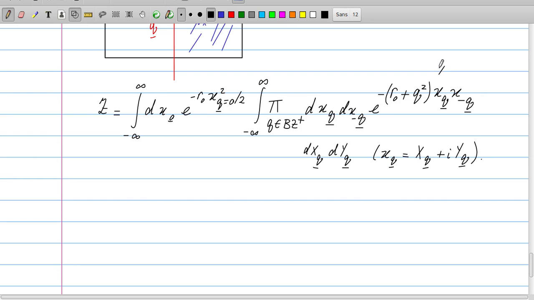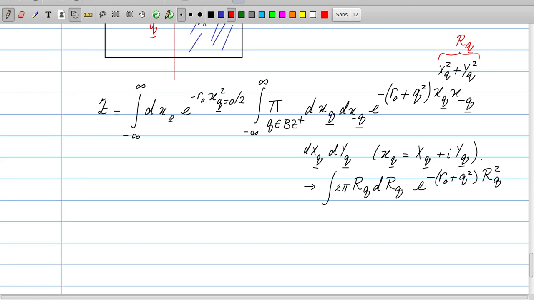This integrand will give me an Xq squared plus Yq squared, this product over the xq and x minus q. And so we have a two-dimensional Gaussian integral, which is easy to do.